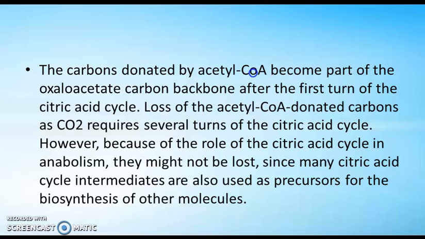I have mentioned this point earlier. The carbons of acetyl-CoA combine with the oxaloacetate carbon backbone after the first turn of the citric acid cycle. So the loss of acetyl-CoA donated carbons as carbon dioxide requires several turns of the citric acid cycle.